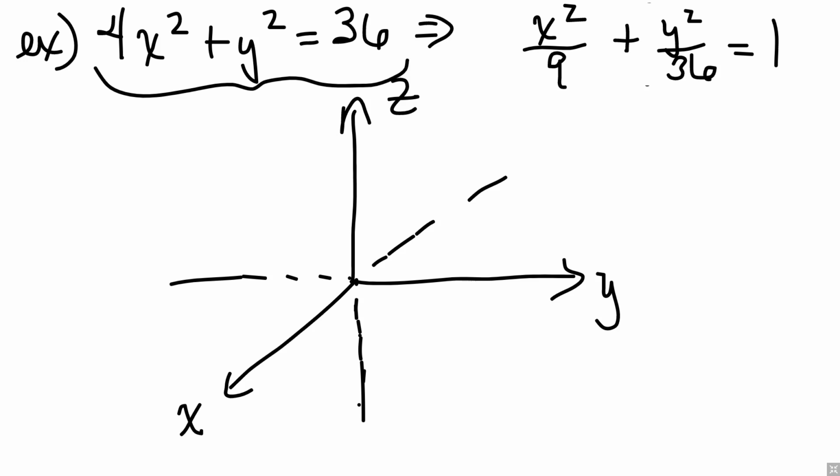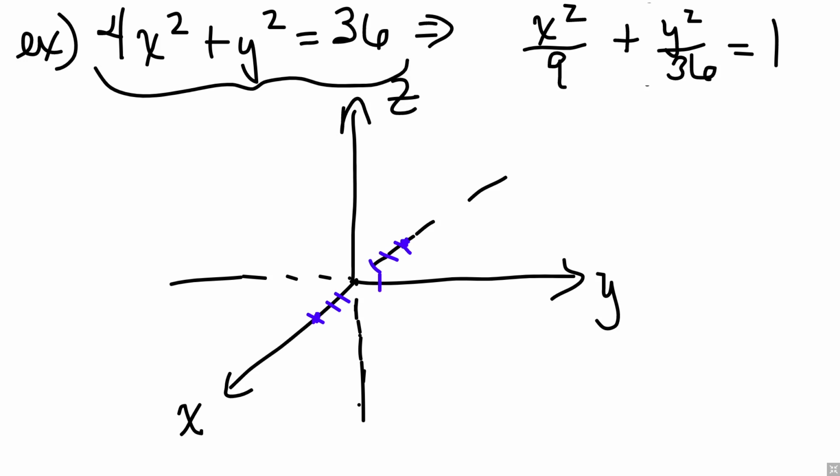Next, under x, there is a 9. We take the square root, we get 3. So we're going to go 3 in the positive, 3 in the negative, and this is going to give us vertices on that. Then under y, we've got 36. Take the square root of that, we get 6.